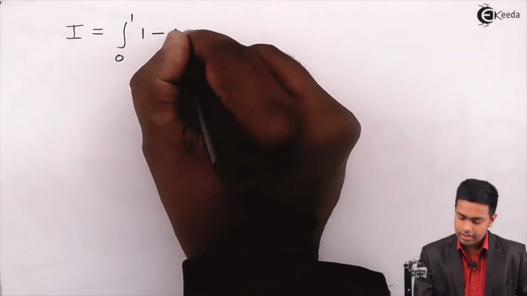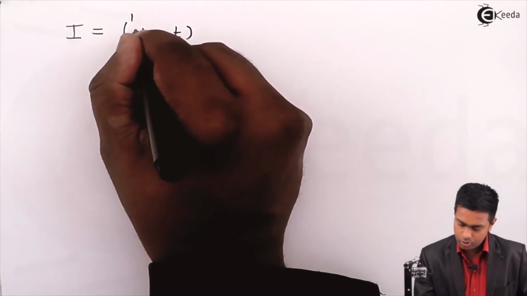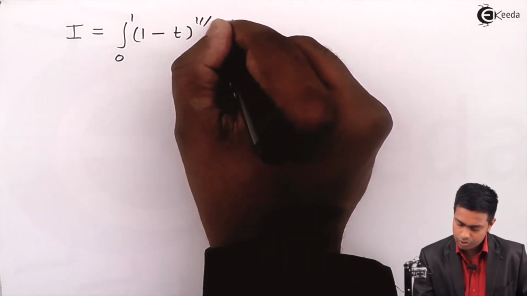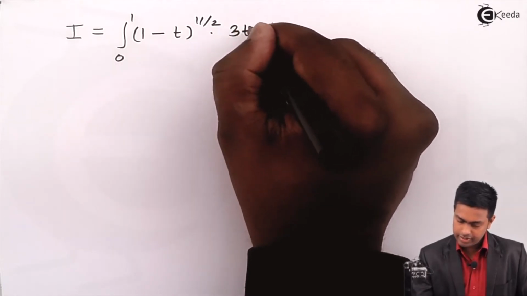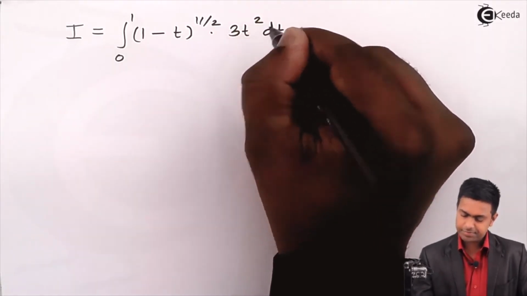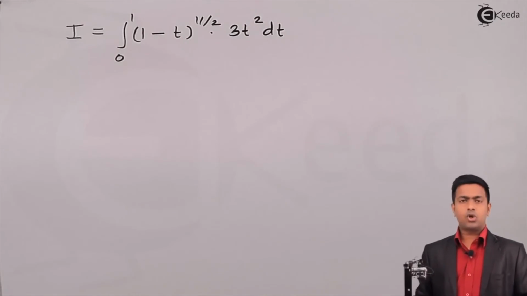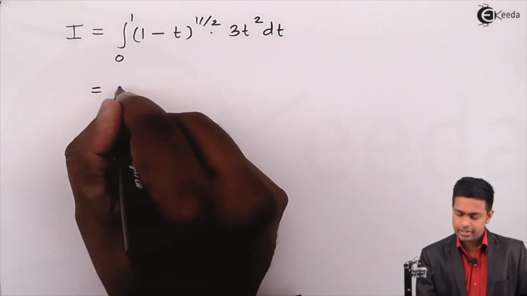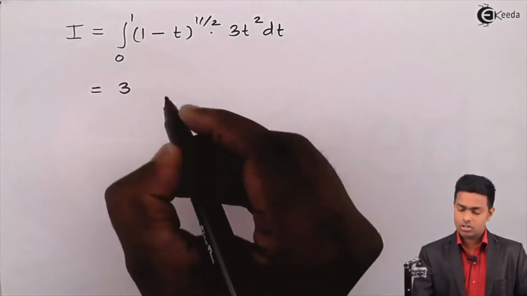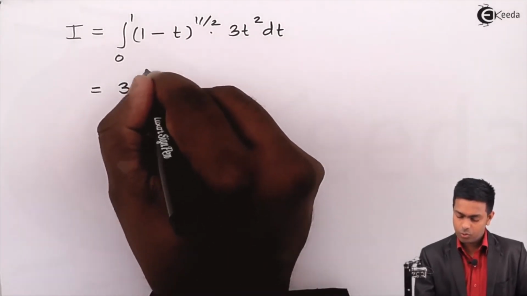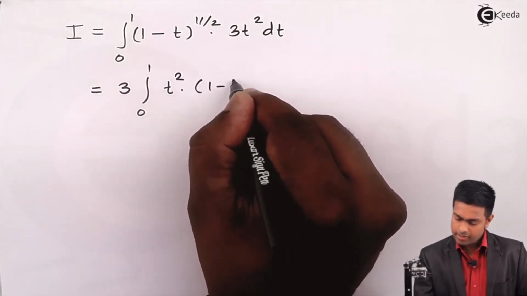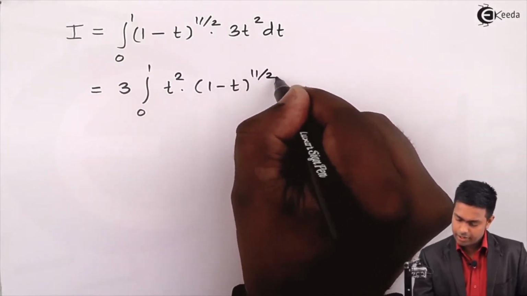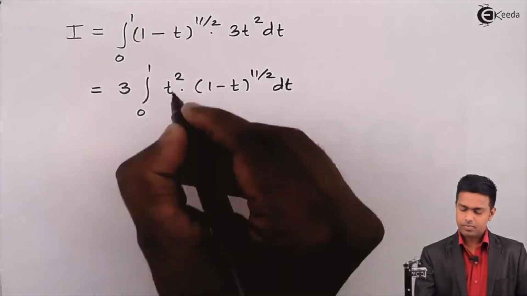So here I'll say (1 minus t) the whole bracket raised to 11 upon 2 into 3t square dt. Now guys, let's solve this integration. So for that I'll take this 3 outside the integration since it is a constant. Then integration from 0 to 1 t square into (1 minus t) raised to 11 by 2 dt.